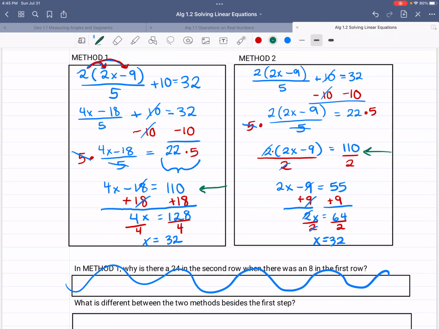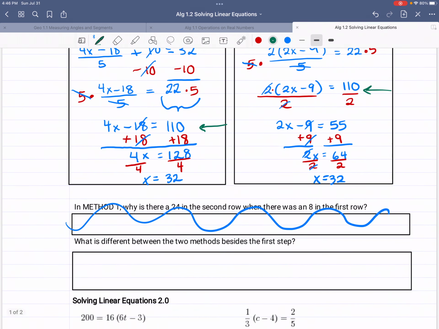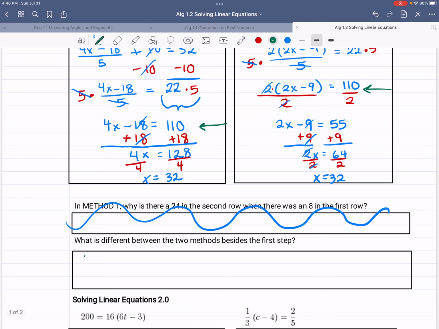But in method 1, we didn't have the dividing by 2 part, and so that step is different after the 110.